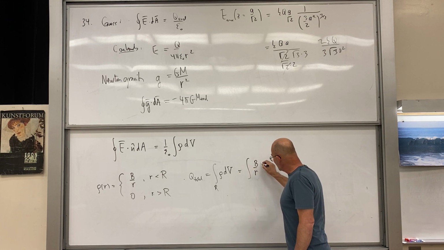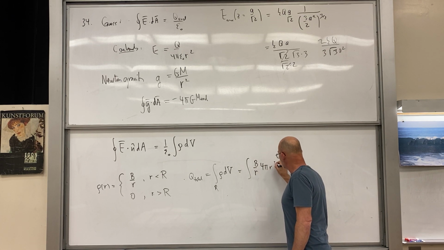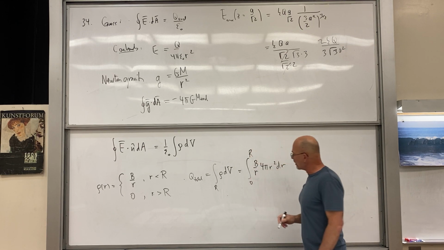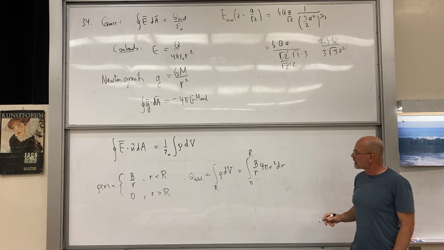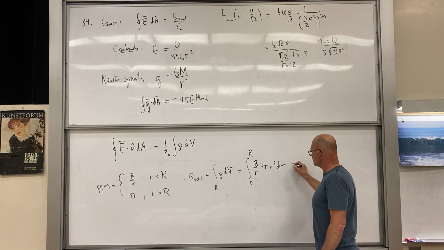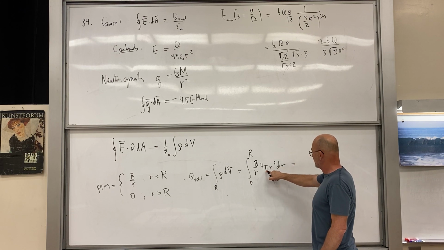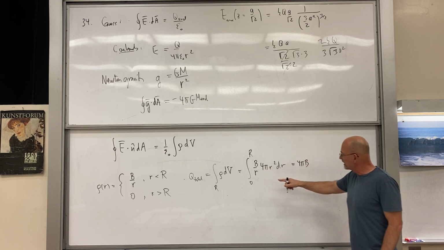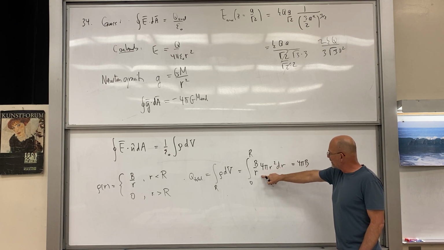The volume element, you do the shell, 4 pi r squared dr, 0 to capital R. So we have 4 times pi times B out front. r squared over r is just r.